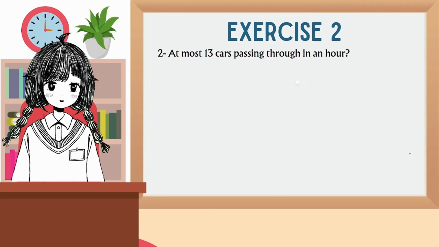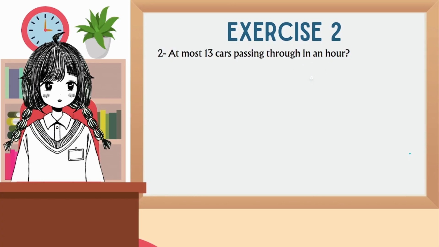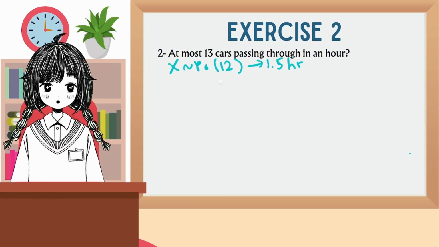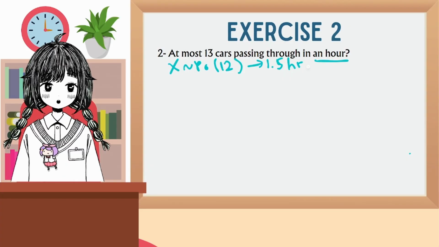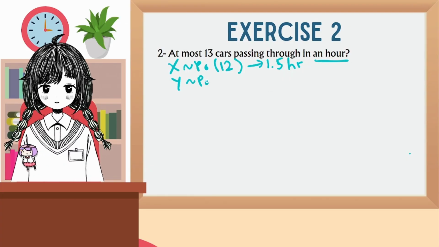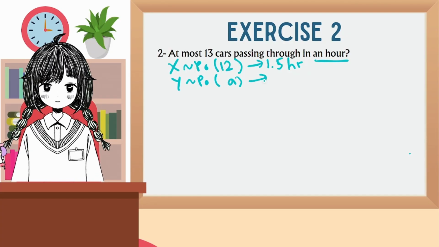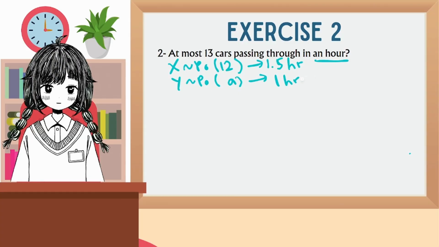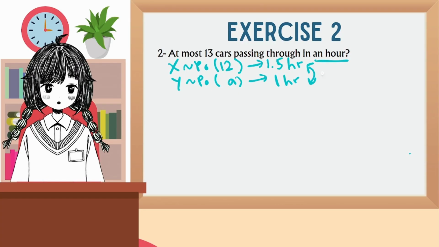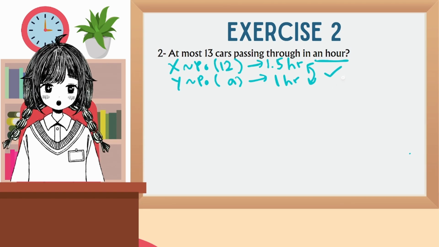So question 2, at most 13 cars passing through in an hour. We write back the original Poisson. Since it's for 1 hour, we can make a new Poisson, Y Poisson unknown A for 1 hour. No need to change any of these as both are already in hour format.